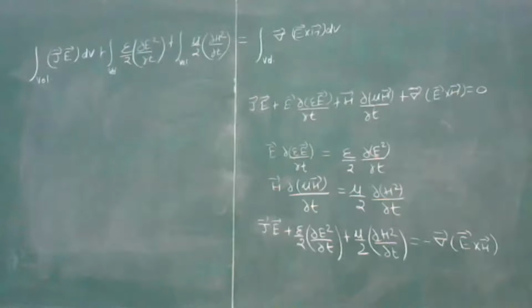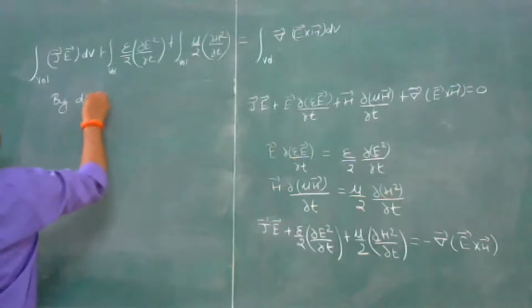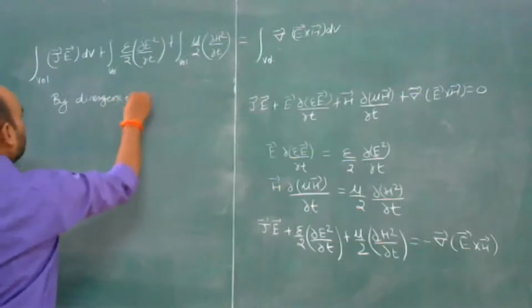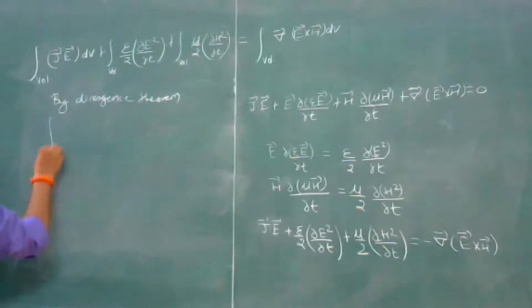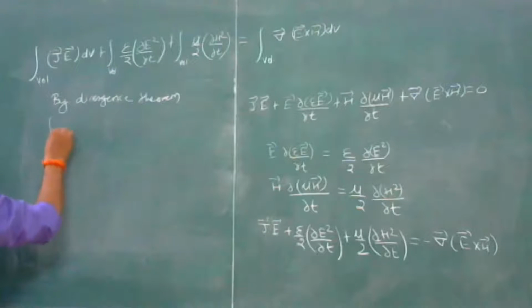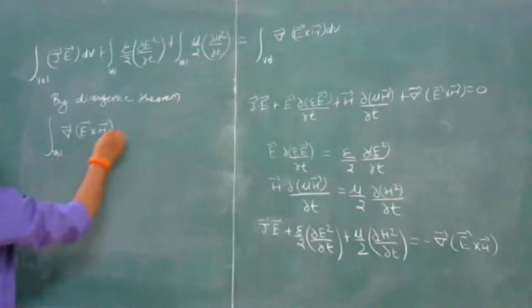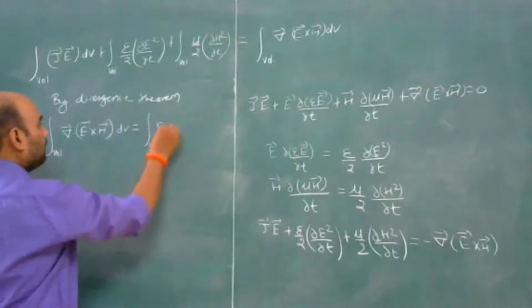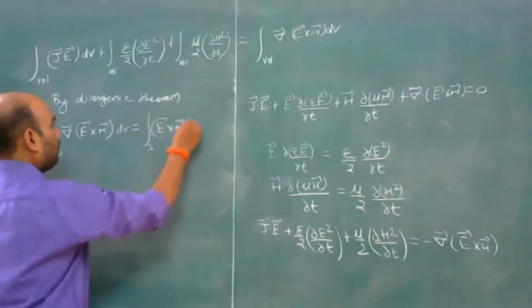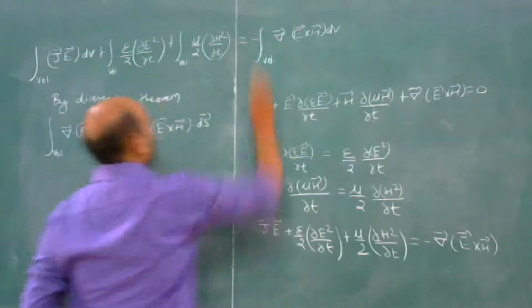Now we will apply the divergence theorem. By the divergence theorem, the volume integral of divergence of E cross H dV will be equal to the surface integral of E cross H dot dS. This will carry a negative sign.